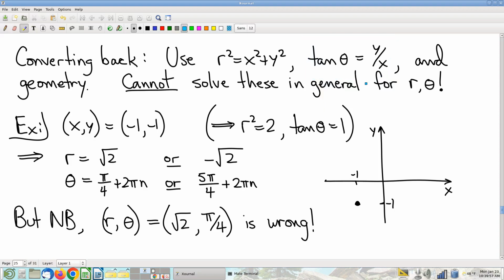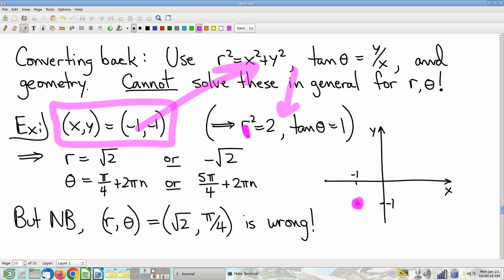Right, so look what happens if you're a little too quick about this. I'm going to start by looking at this point right here, -1 comma -1, rectangular, and now you can plug into these formulas up here, and out come these true facts.